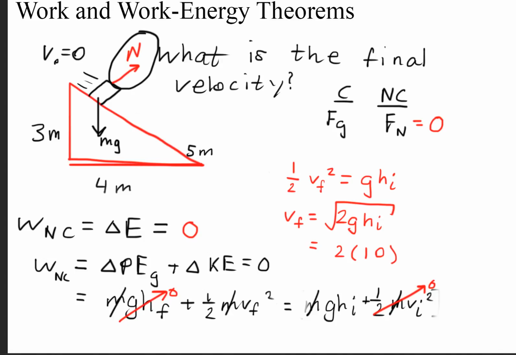And my initial height, take a look at this right here. We start off at 3 meters. So multiply that by 3. So my entire answer is the square root of 600 meters per second.